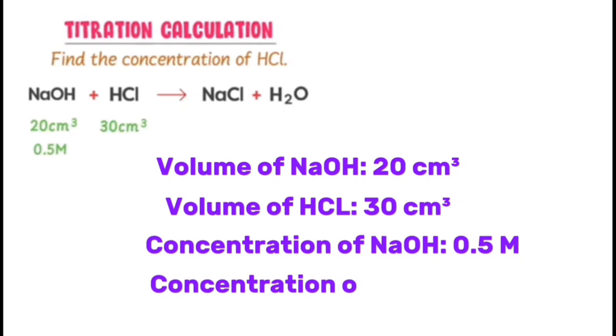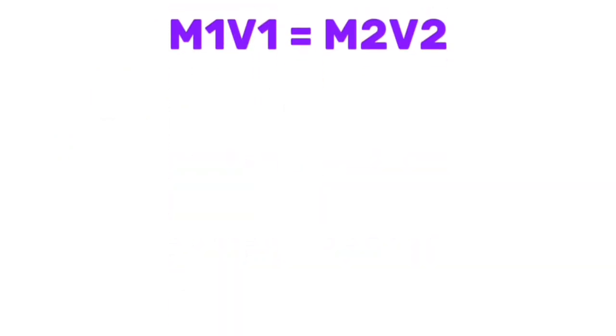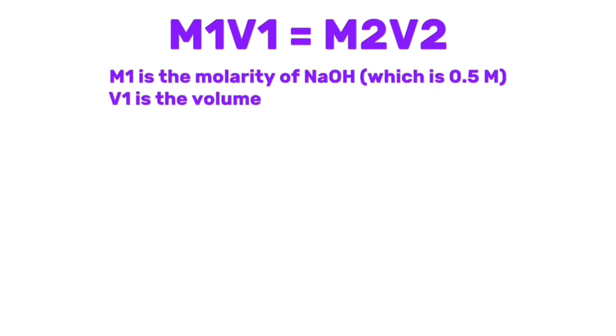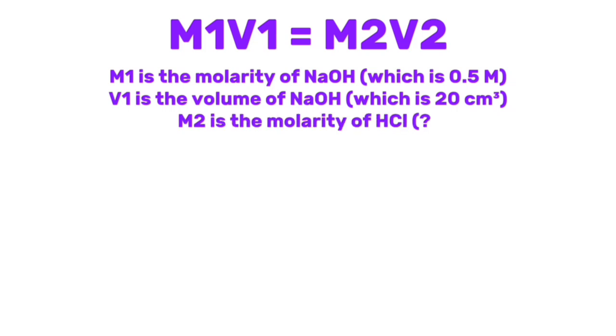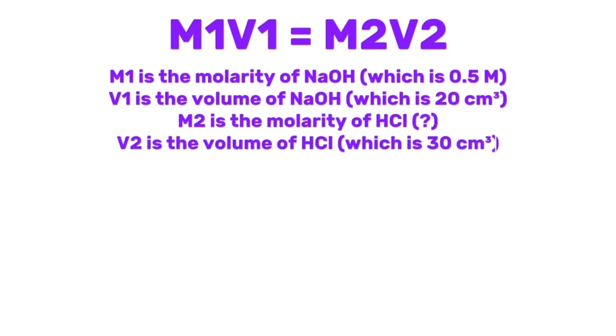To solve for the unknown concentration of HCl, we use the simple formula M1V1 is equal to M2V2. M1 is the molarity of sodium hydroxide, which is 0.5 M. V1 is the volume of sodium hydroxide, which is 20 cubic centimeters. M2 is the molarity of HCl. That's what we're trying to find. V2 is the volume of HCl, which is 30 cubic centimeters.